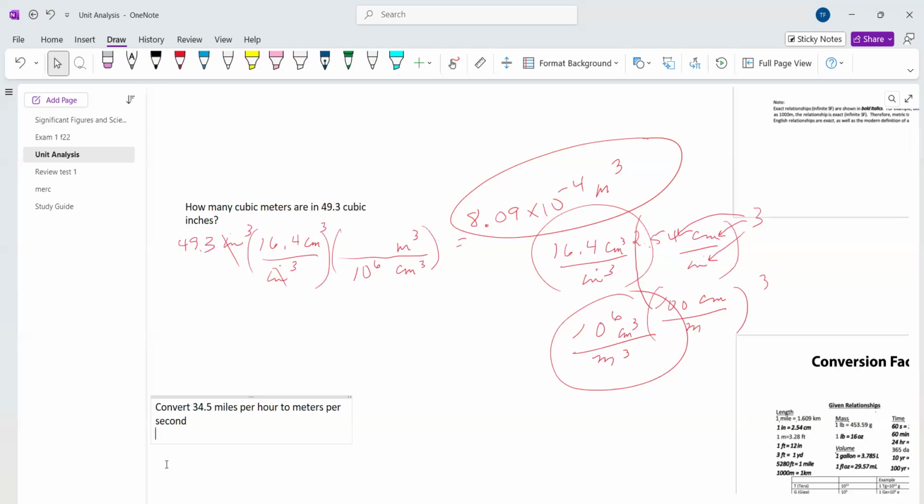Yeah, it's there because it hasn't been canceled. And the game you play is you have the given and you do conversion factors to cancel everything out except for what you're trying to calculate. That's the game. And you keep throwing in conversion factors to do your canceling for you. That's the essence of all these problems.